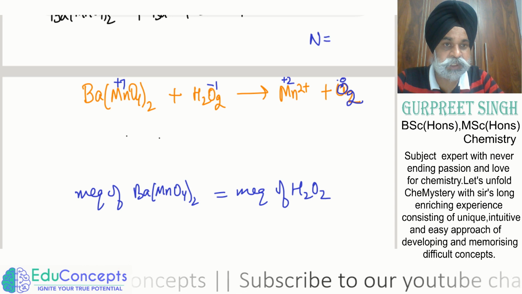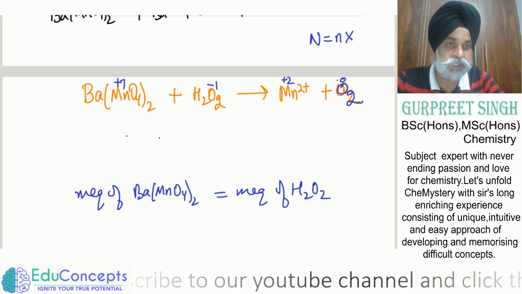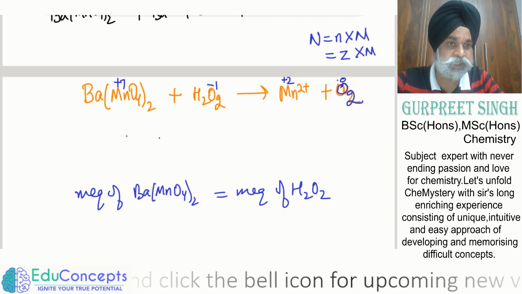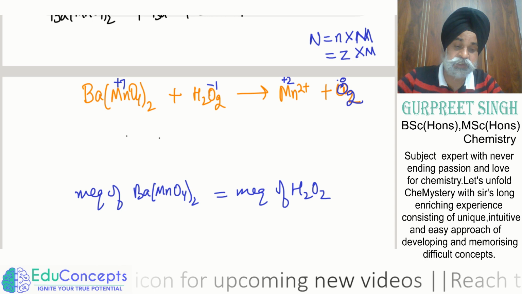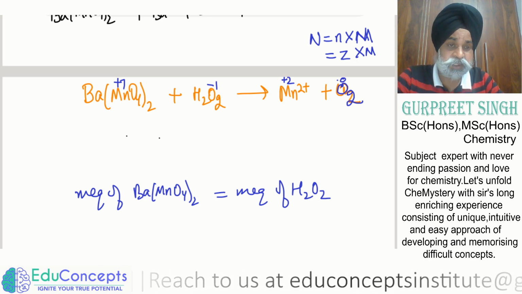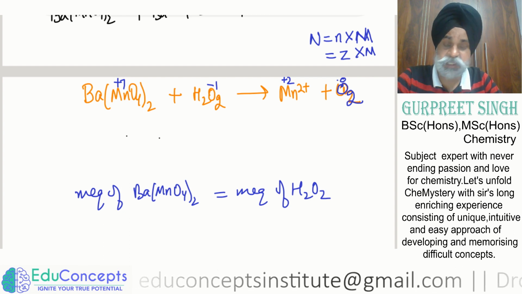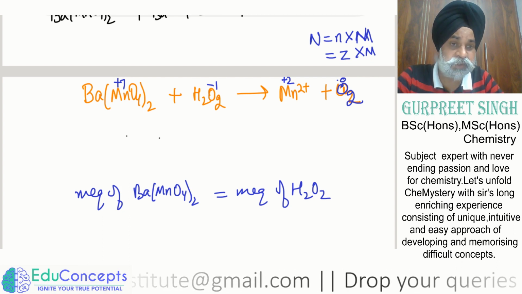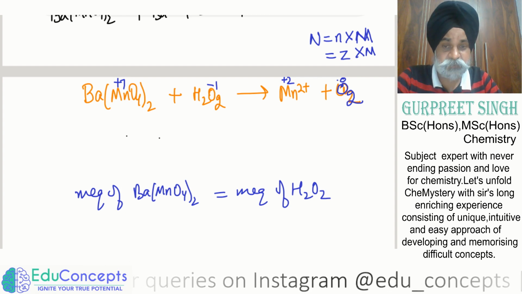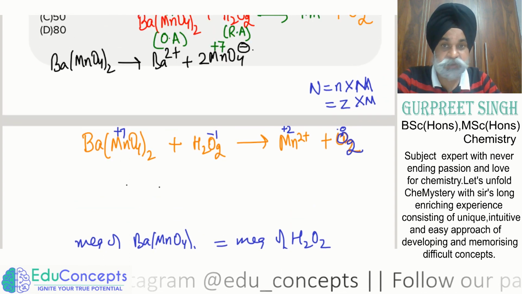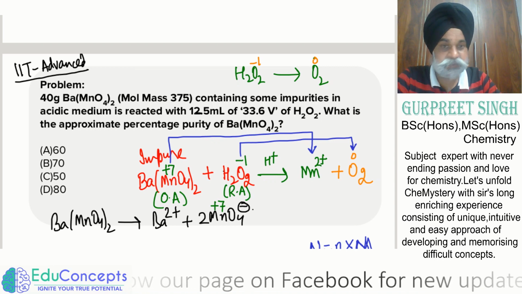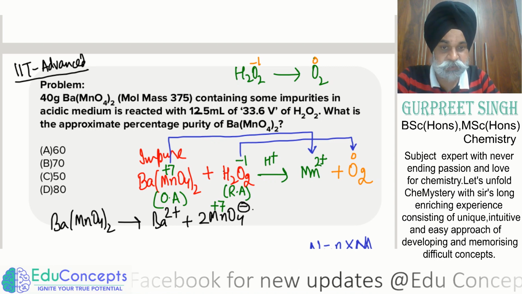Now normality is n factor into molarity, or many teachers say z factor into molarity; it is defined both ways. N factor or z factor is the number of electrons lost or gained by the reducing agent or oxidizing agent per mole of it. In regard to this domain, I shall soon be passing a video consisting of different types of n factors also.